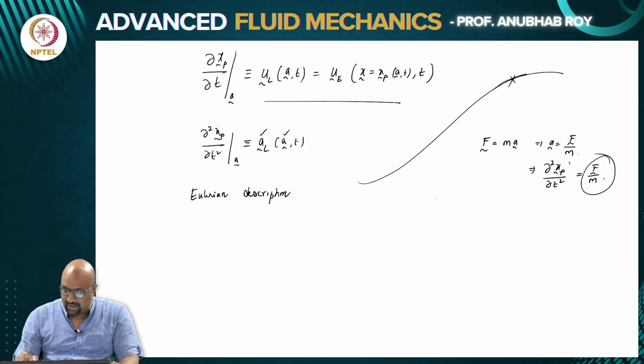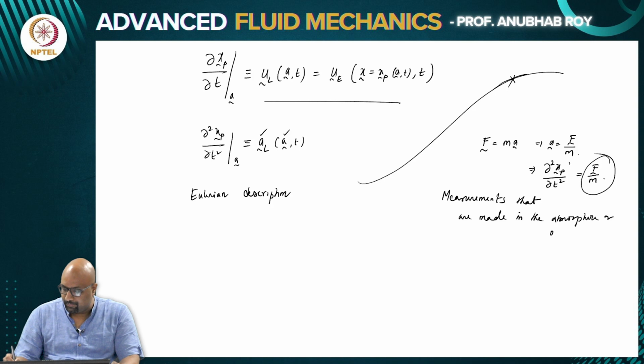So, one classic example where this would happen is any measurements that are made in the atmosphere or oceans. For instance, if you want to find out the wind velocity, one thing that you could do is have a long tower fixed to the ground and fit various sensors on that tower that measure the wind speed.